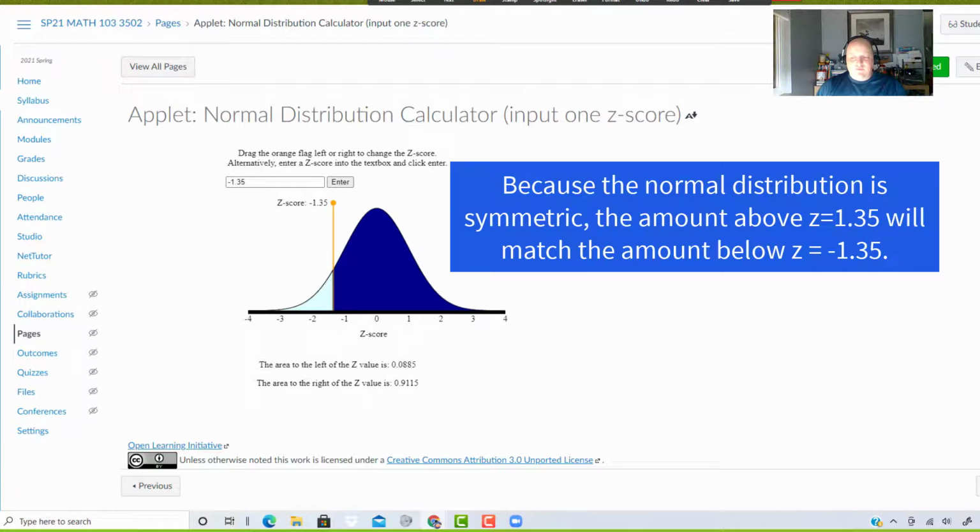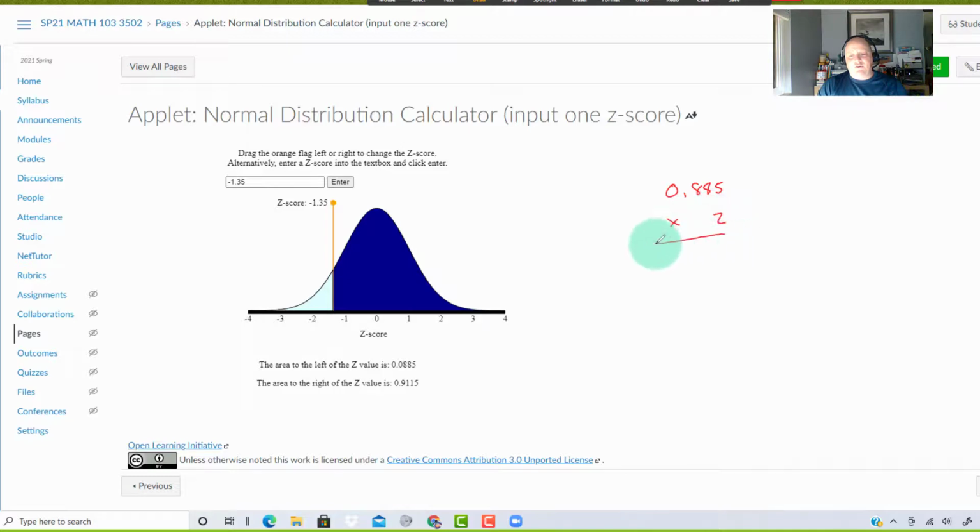So now what I really know is that I end up with 0.0885 multiplied by 2, because there are two pieces that are exactly the same size. If you wanted to get a really quick estimate, I would just round that to like 9% and know that you're a little bit overestimating. And that gets you a really quick rule of thumb instead of maybe needing a calculator.